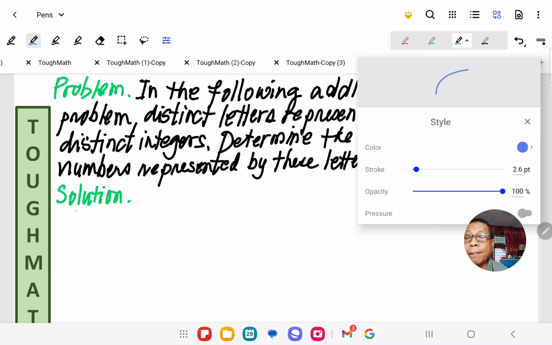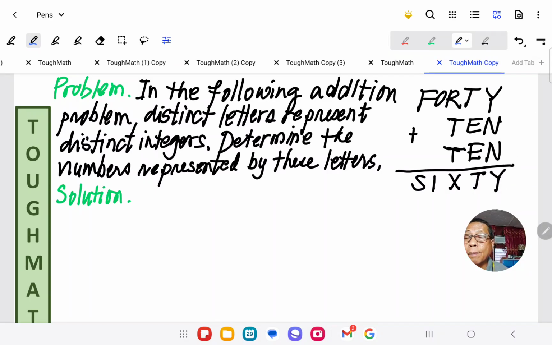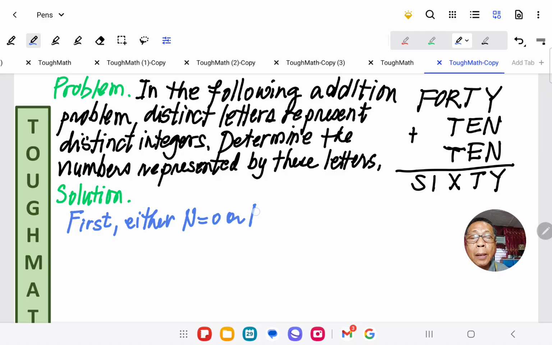So first, observe that either N equals 0 or N equals 5.